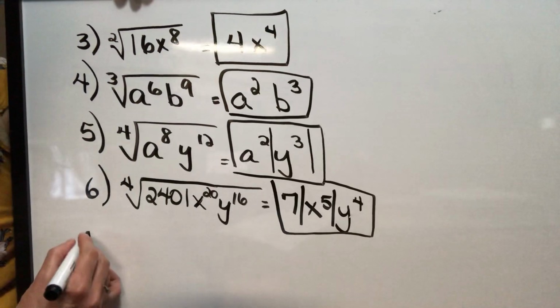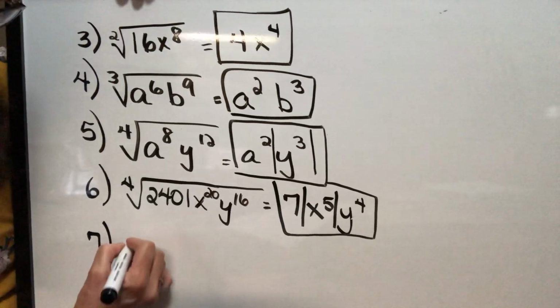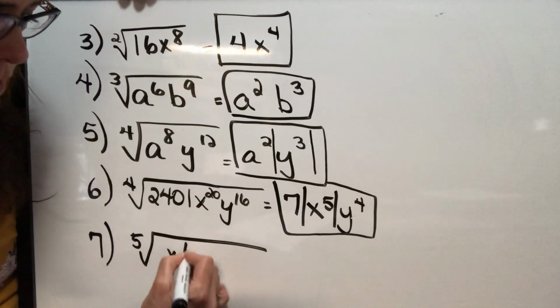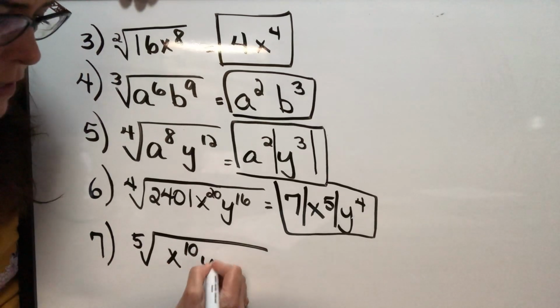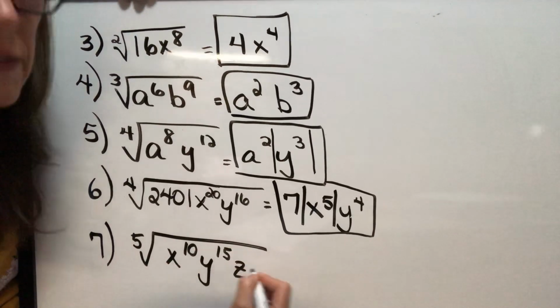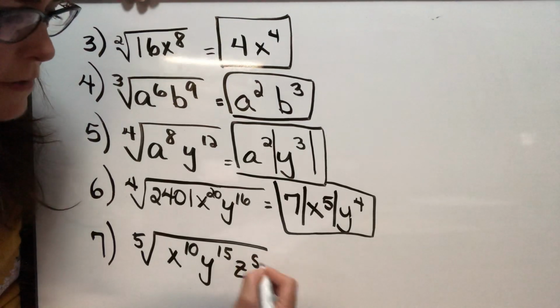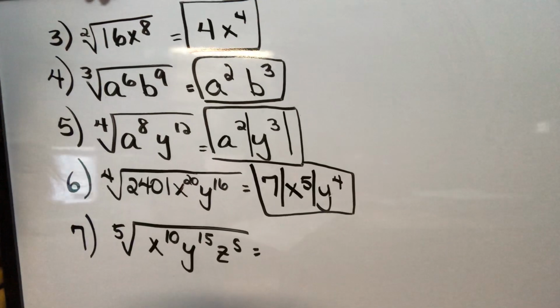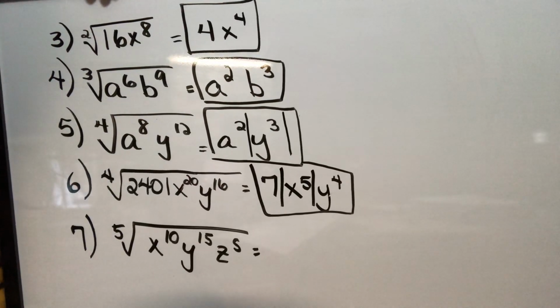All right, so number 7, it's a 5th root of x to the 10th, y to the 15th, z to the 5th. So no numbers on this one, so we can divide each of the exponents by 5.